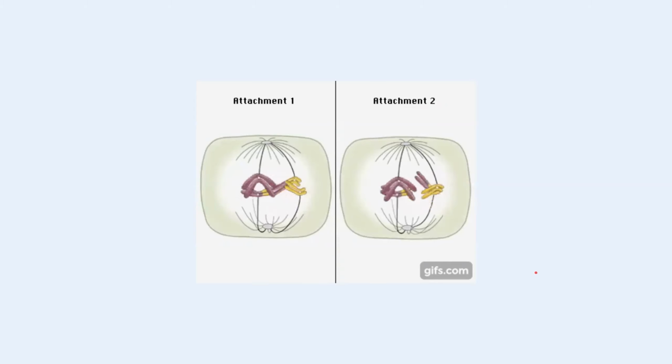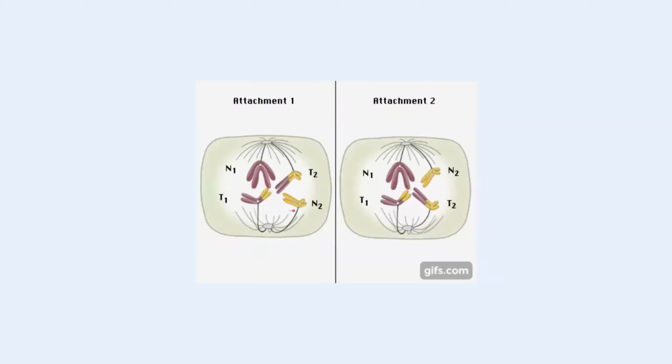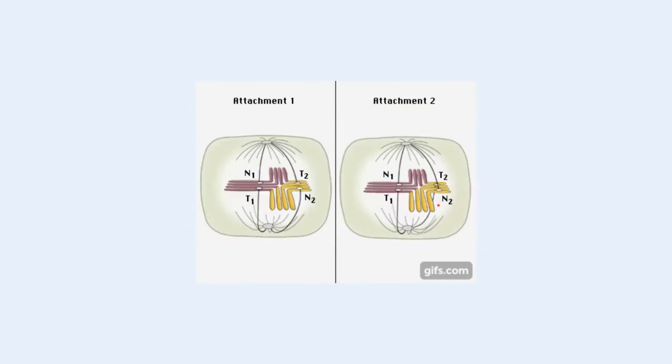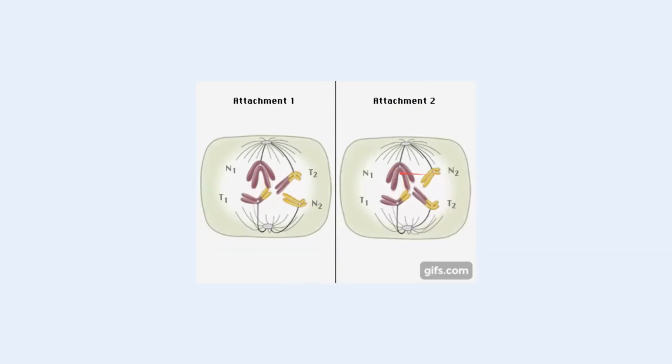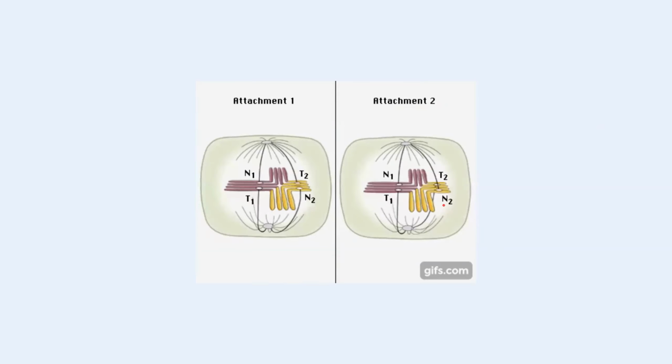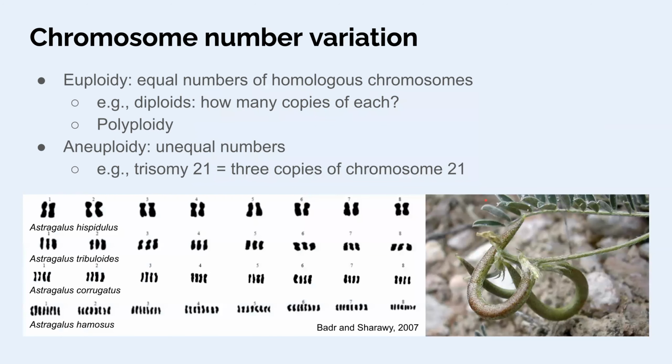On the left-hand side here, we're getting too much pink on top and too much yellow on the bottom. How's the other one working out? The other one has normal pink and yellow on top, and then the okay complement of pink and yellow at the bottom. All right.